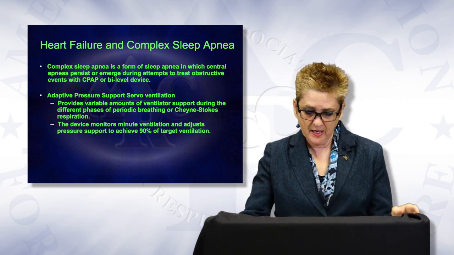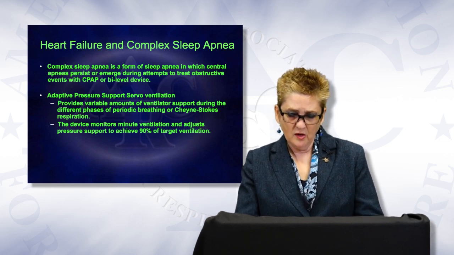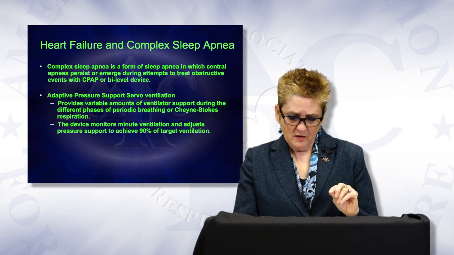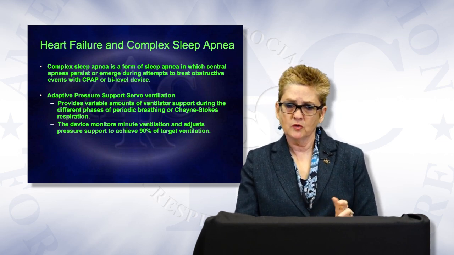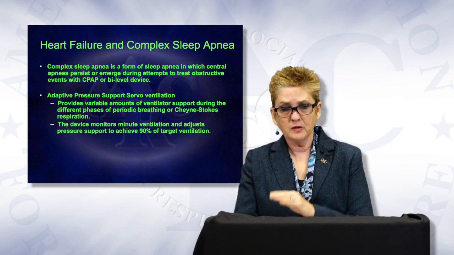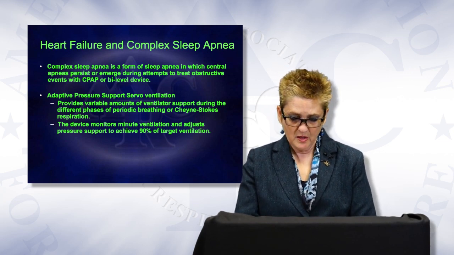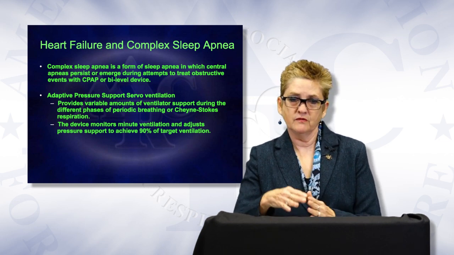And so there's adaptive pressure support or servo ventilation to help with that. It really provides variable amounts of ventilator support during that breathing, and during that Cheyne-Stokes breathing that could occur with central sleep apneas. These devices monitor the minute ventilation and the volume and adjust the pressure support to achieve that target ventilation.